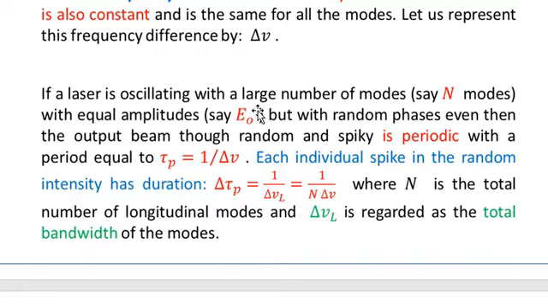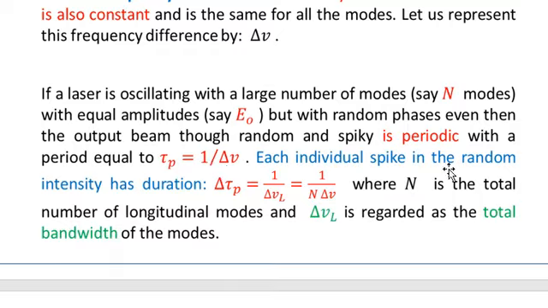If a laser is oscillating with a large number of longitudinal modes, say n modes, with equal amplitudes, say E naught, but with random phases, even then the output beam, though random and spiky, is periodic with a period tau p, and tau p is given by tau p is equal to 1 over delta nu.